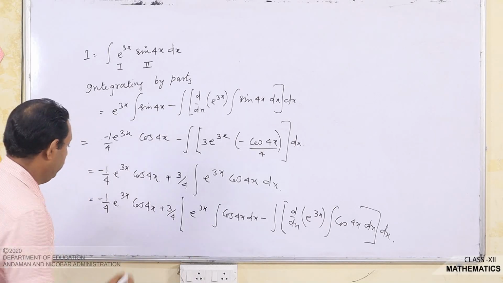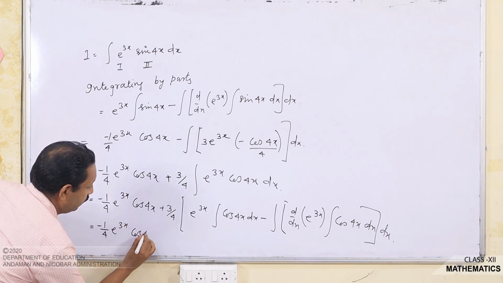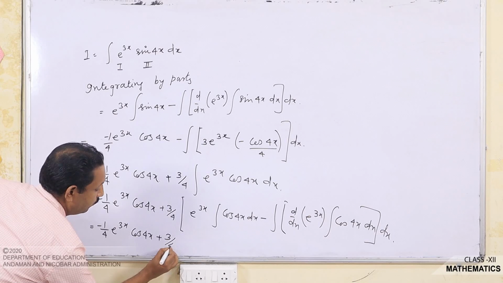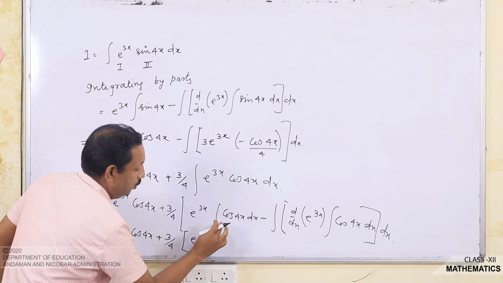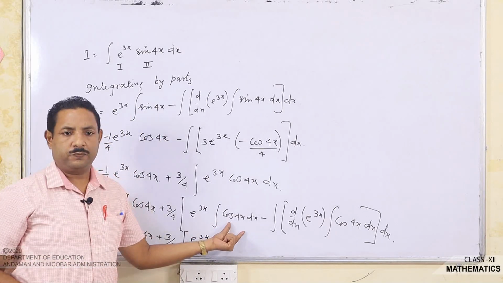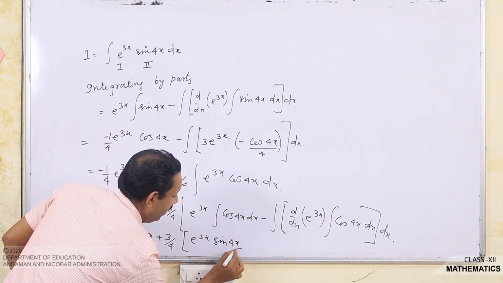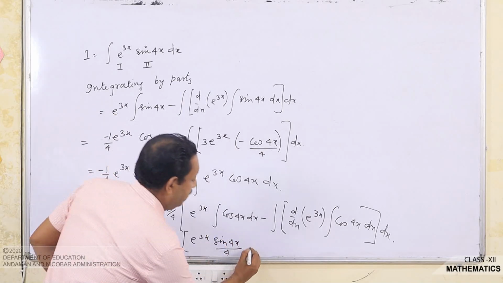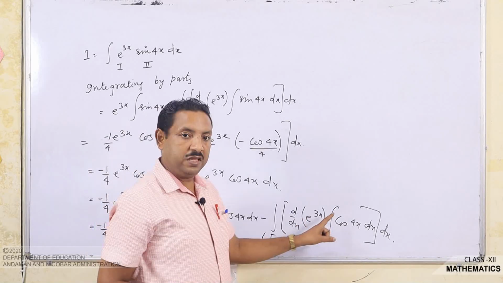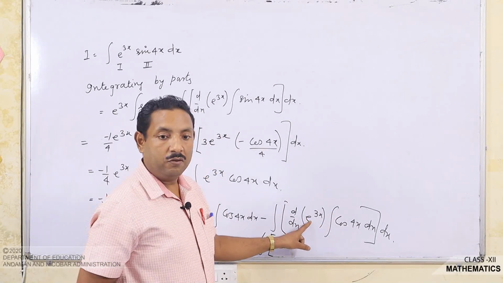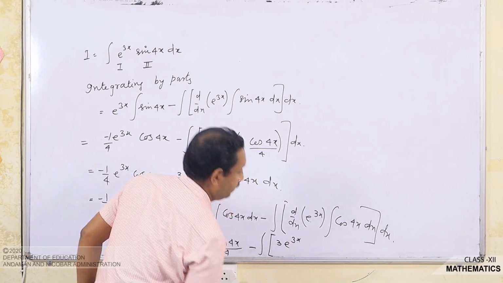So let us continue. That means minus 1 by 4 e power 3x cos 4x plus 3 by 4. Here that is e power 3x, again it is e power 3x, integration of cos 4x. Integration of cos 4x is sin 4x by 4 minus integration, and here e power 3x, again the derivative of e power 3x is 3 e power 3x.